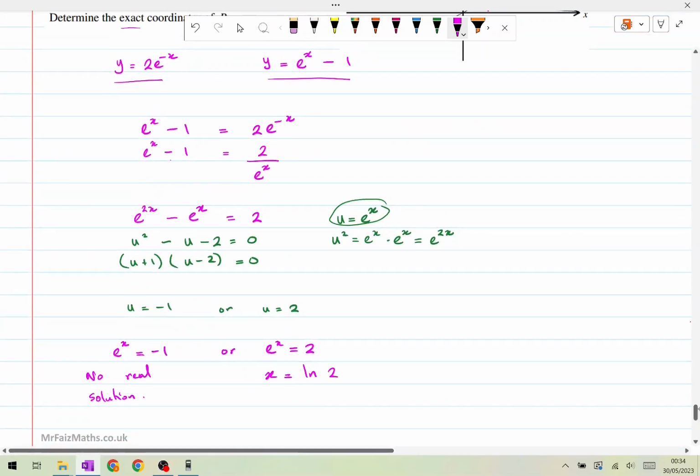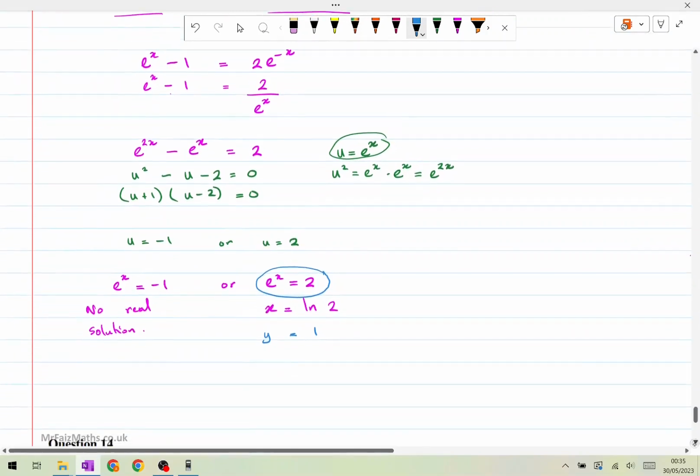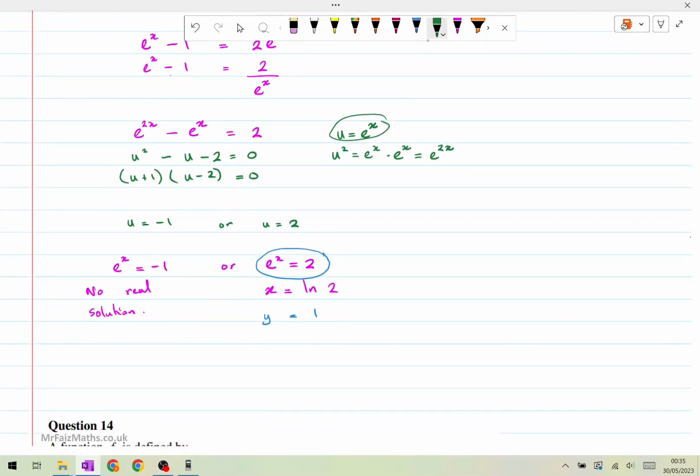But I think the easier thing to do is, rather than substituting x equals ln 2, just substitute e to the x is equal to 2 into this one. If e to the x equals 2, y is going to just be equal to 2 minus 1. So when x is equal to ln 2, we get y is equal to 1. Therefore the coordinates of the point of intersection, the point P, is given by ln 2, 1.